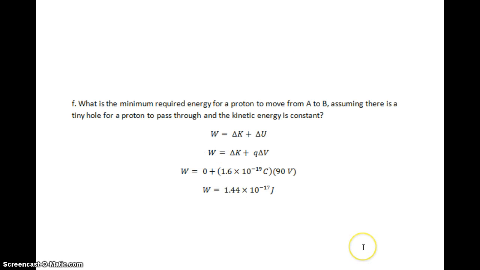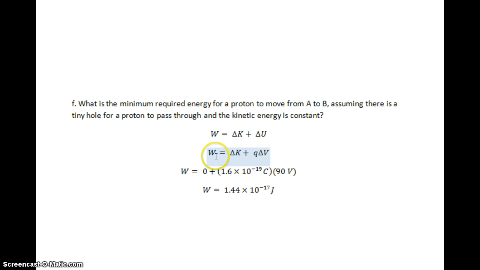Finally, we're asked, what is the minimum required energy of a proton to move from A to B, assuming there's a tiny hole for the proton to pass through and the kinetic energy is constant? Well, first we must use the equation work equals the kinetic energy plus the electric potential energy. We know that the electric potential energy is Q times potential.